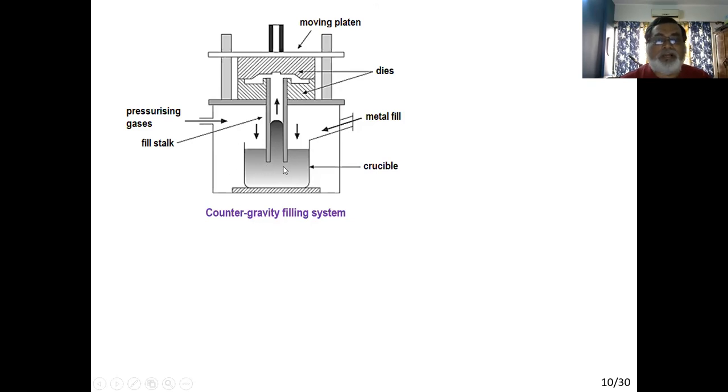Liquid metal enters the mold cavity by the action of gas pressure. We apply gas pressure, and because of the pressure, liquid metal rises through this tube and into the mold cavity. By controlling the gas pressure, we can control the upward movement of the liquid, so we can control the velocity of the liquid metal entry into the mold cavity.